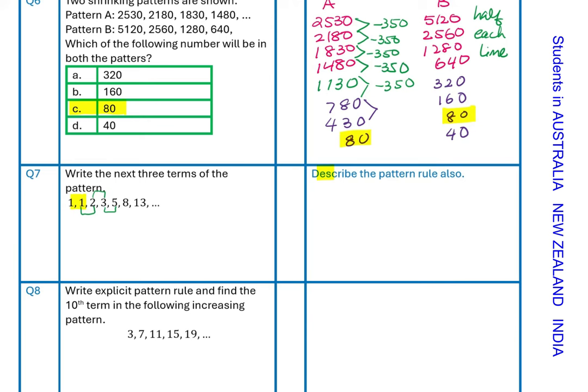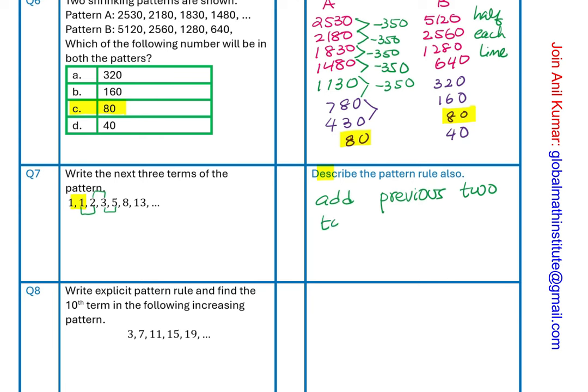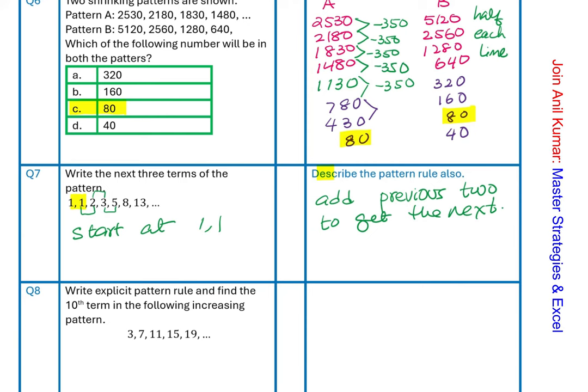So, you can describe this pattern as add previous 2 to get the next. Of course, we can say start at 1, 1. Only then you can add previous 2. You get the idea. So you start at 1, 1 and then add previous 2 to get the next.